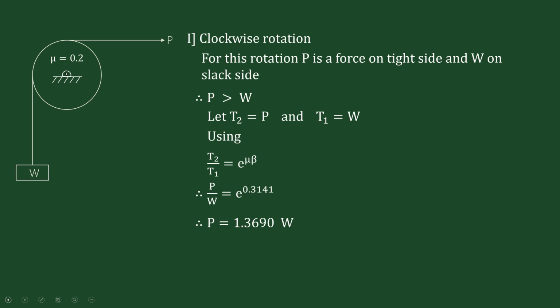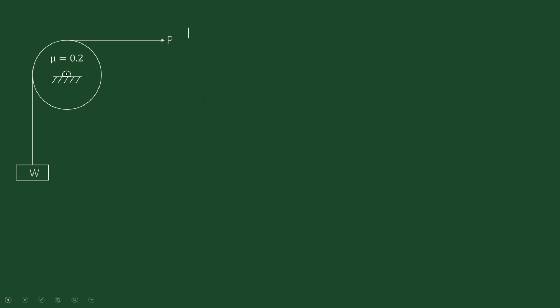So, this is one value that we got. Let us see now another value, and for another value we have to change the direction of rotation. Let us consider now anti-clockwise rotation.